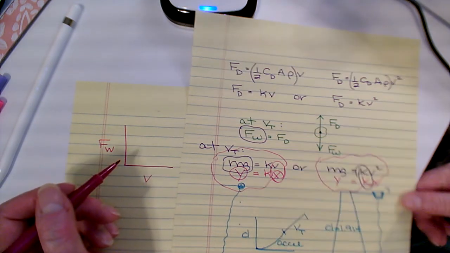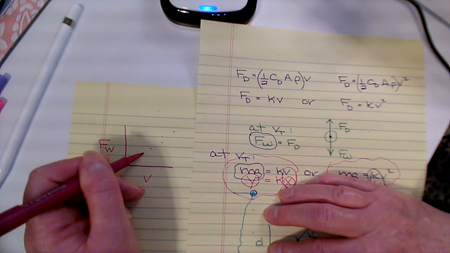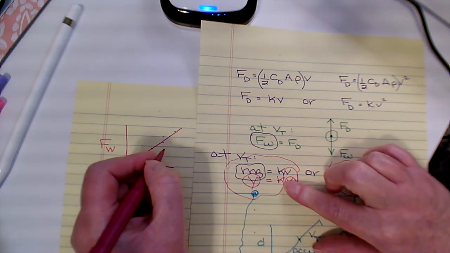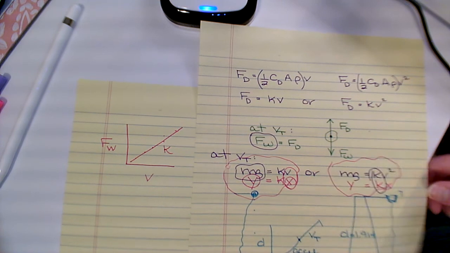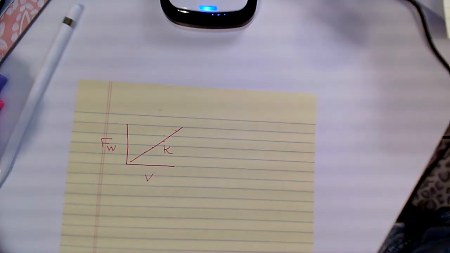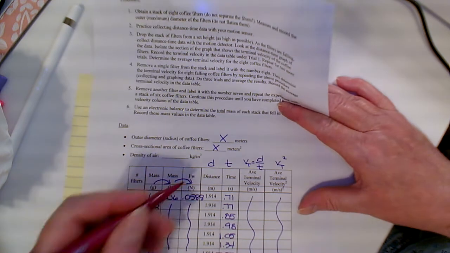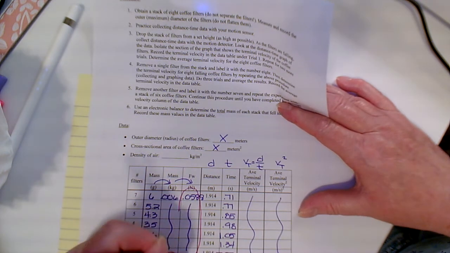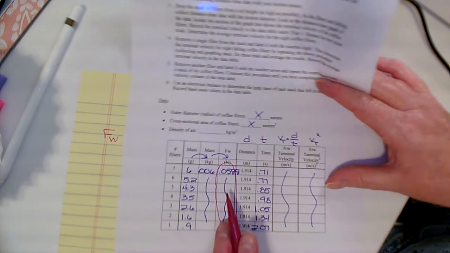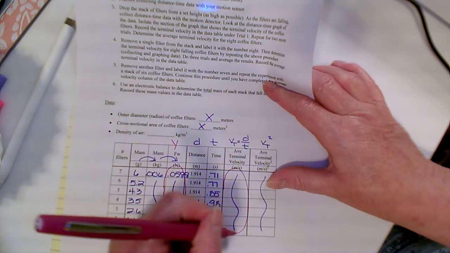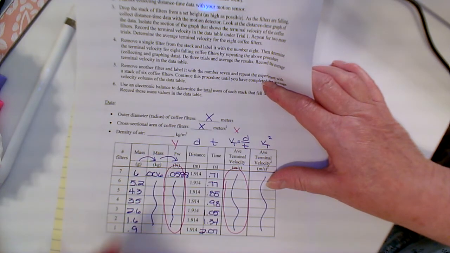And then when I graph my data, the slope of the line is going to turn out to be k. So let's go back and look at the data. What does that mean? So what I mean by that is you're going to graph this FW. These are actually going to be y values. So I'll say y. And plain old v, plain v. These are going to be your x values.